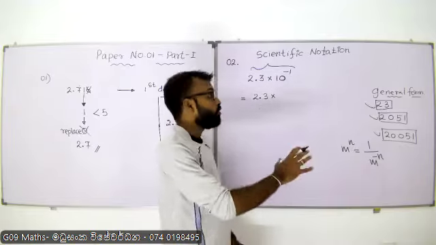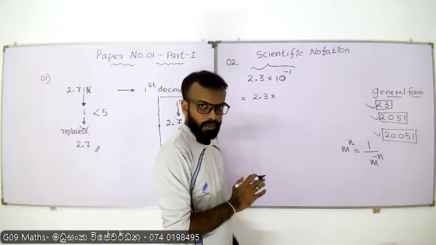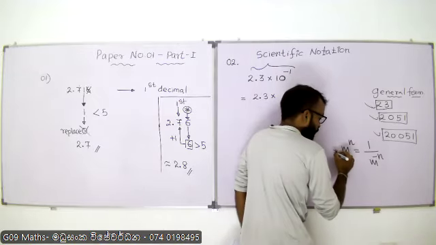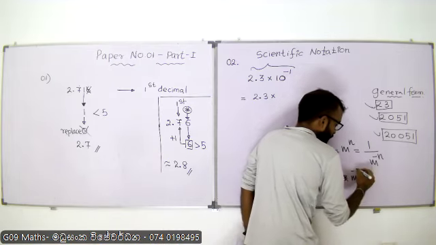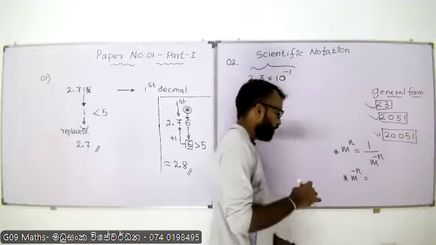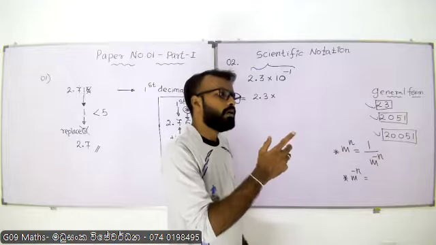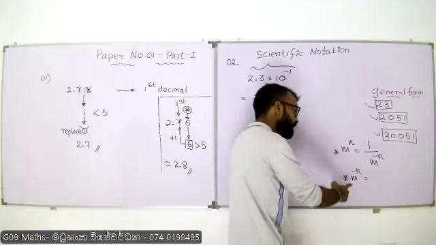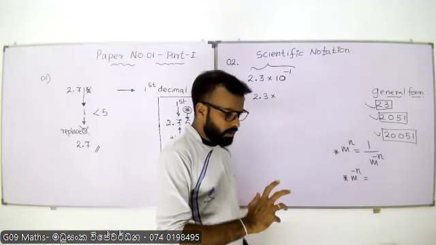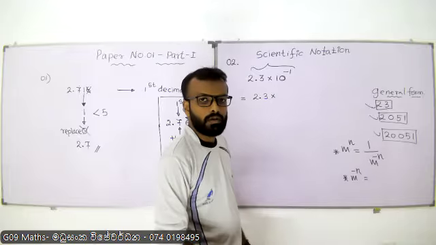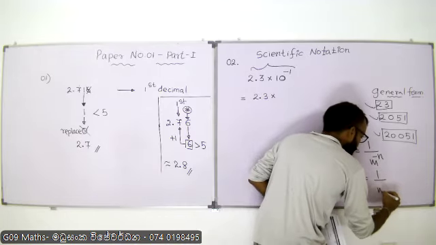So the same thing we can do when we have m to the power minus n. These are very important things from your indices lesson. If someone asks you how to convert m to the power minus n, a negative power, into a positive power, get the reciprocal: 1 over m to the power n.